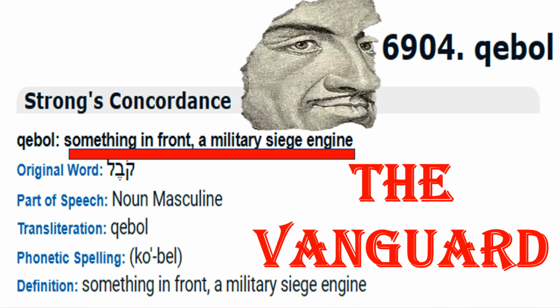So, anyway, we have this vanguard. That's what is being described here. So, a cabal is similar to the vanguard. That's what's being described with this something in front, a military siege engine. And when you think about how the colonizations took place, there was a vanguard that went first and started the entire colonization process.